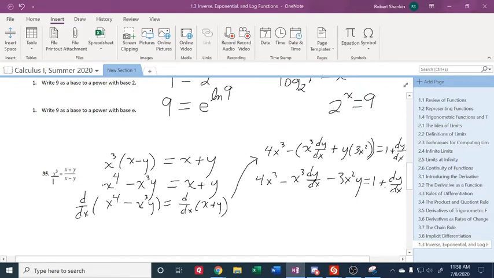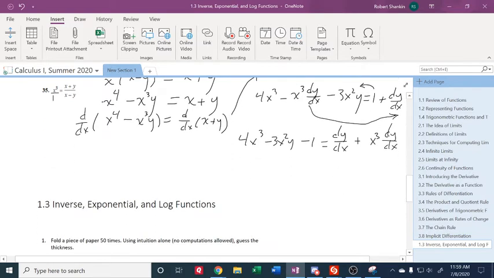Bring all the dy dx's to one side. Let me bring this over here. On the right hand side I'm going to have dy dx plus x cubed dy dx, and this 1 I'm going to bring to the other side. On the left side I'm going to get 4x cubed minus 3x squared y minus 1.